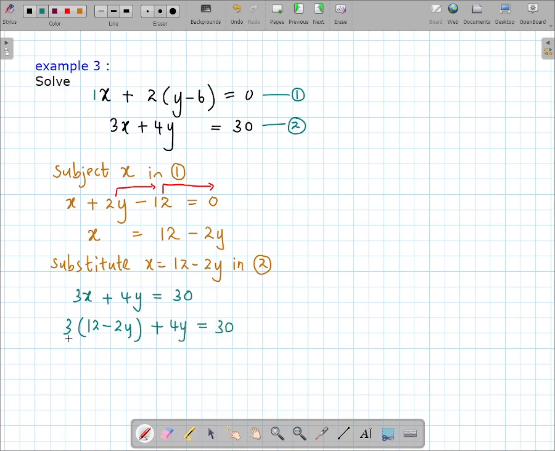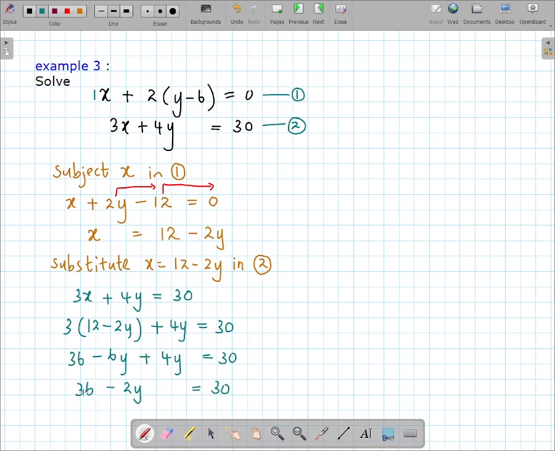Then I expand the bracket. 3 times 12, 36. 3 times minus 2y, minus 6y, plus 4y equals 30. Then I can see like terms. Minus 6y plus 4y, that is minus 2y.